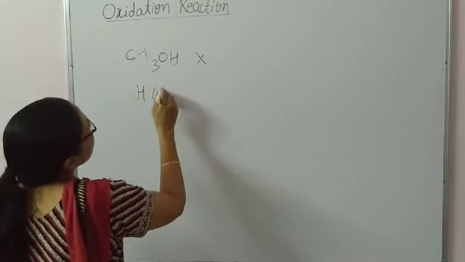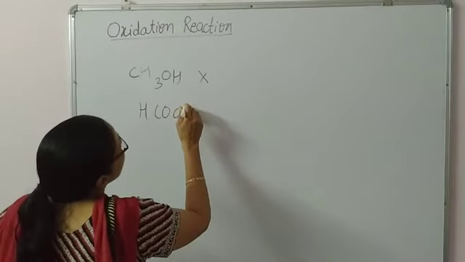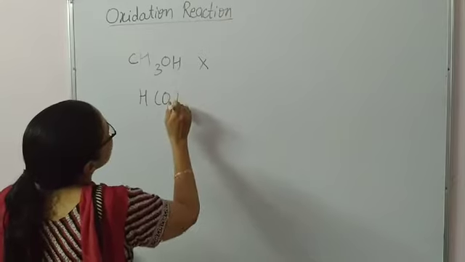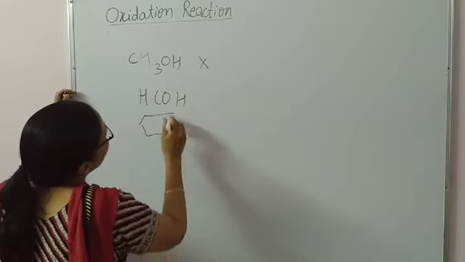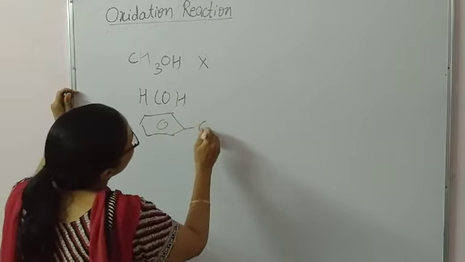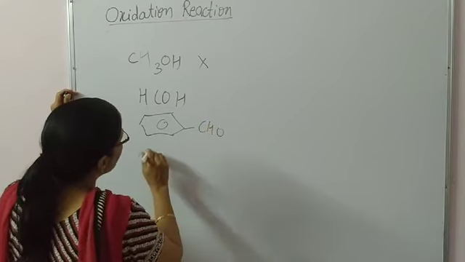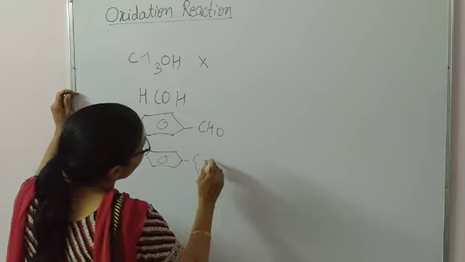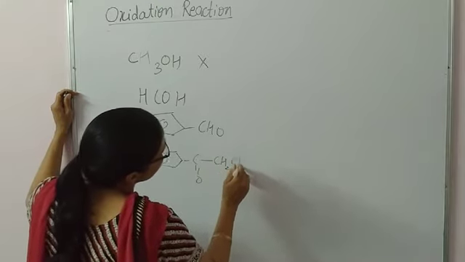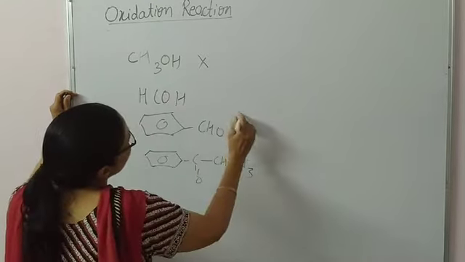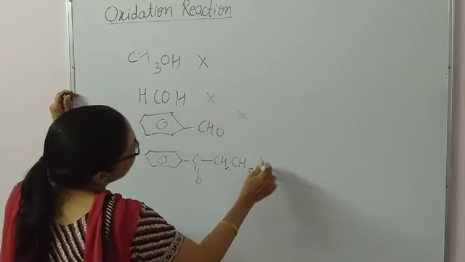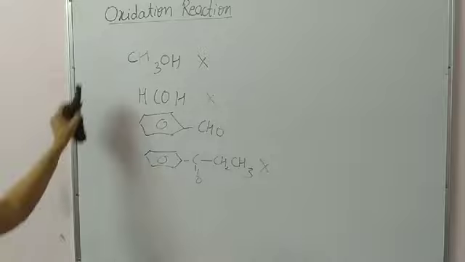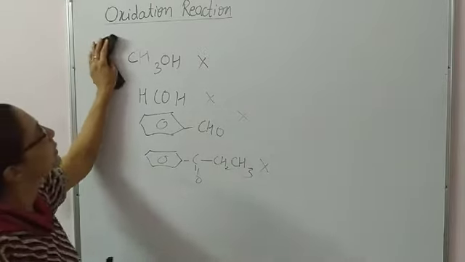You are using HCOOH or HCHO, you are using benzaldehyde, you are using benzophenone, or CH2CH3. They will not give the iodoform test. All these categories of compounds will not give the iodoform test.